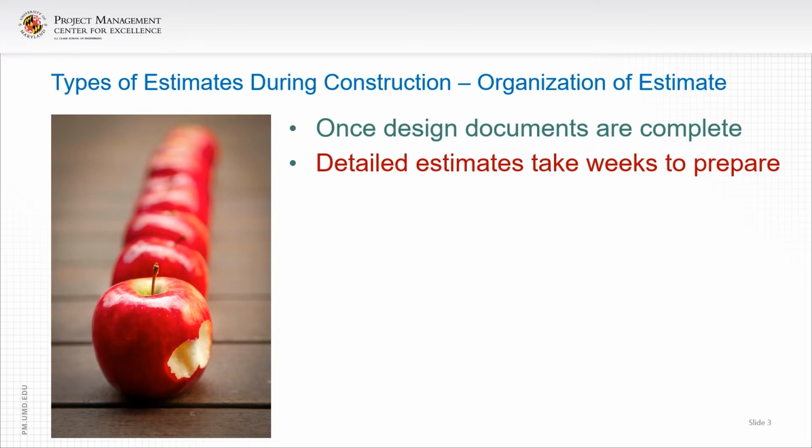Detailed estimates take weeks, sometimes months, to prepare and involve people from many different disciplines. A general contractor who is preparing a bid requests proposals from subcontractors and quantifies, that is, takes off and prices the work that will actually be done by his or her own workforce.